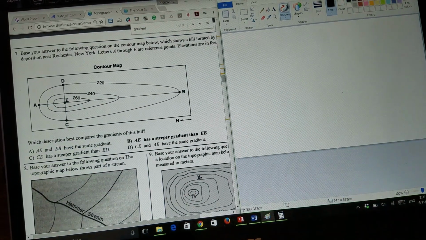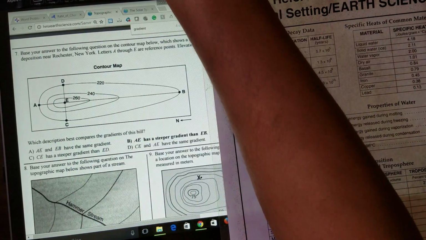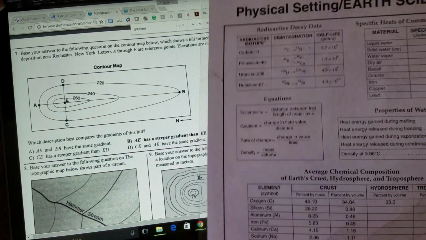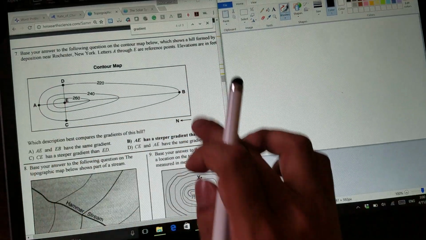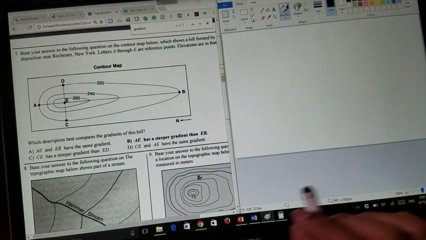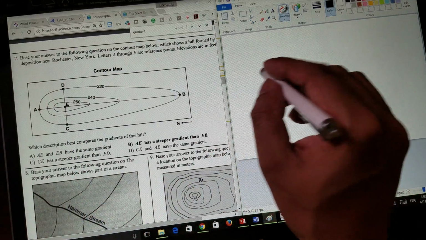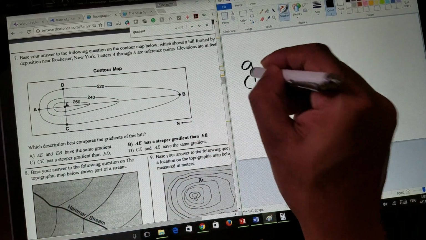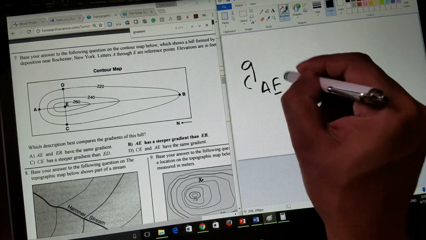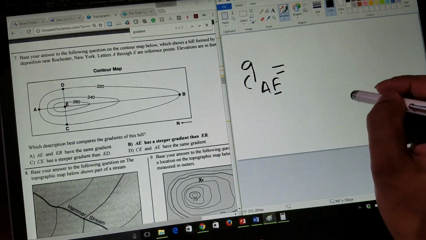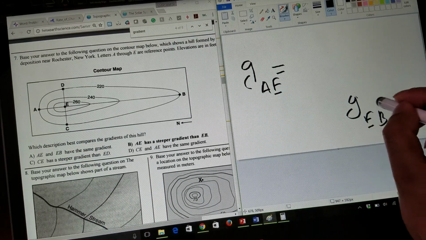Now if we look at the equation, change in field value, here the field values for AE and EB. For example, let's compare these two. Let's say this is the gradient of AE, and we're going to compare it with the gradient of EB.